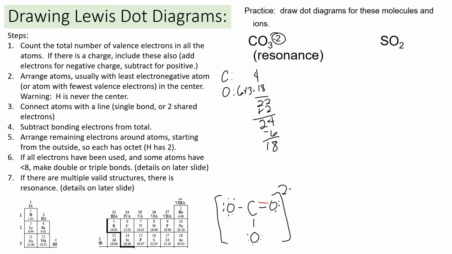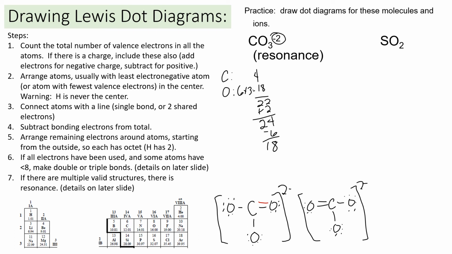You may be wondering, why did I put the double bond on that oxygen? Wouldn't it be just as good to put the double bond on one of the other oxygens? And looking at this structure, it's just as good as the first structure I wrote. They're both equally valid.